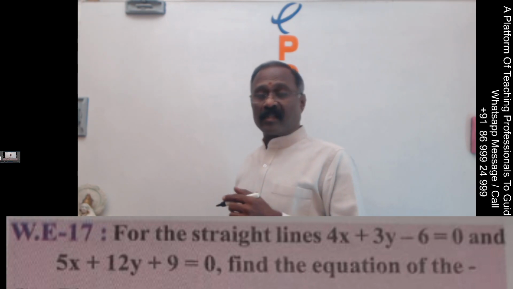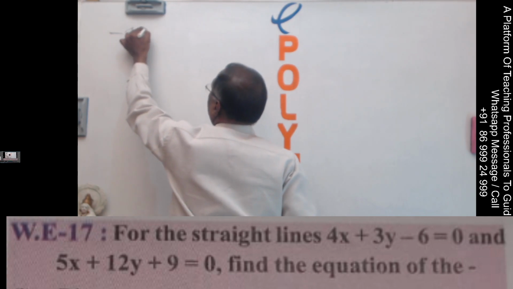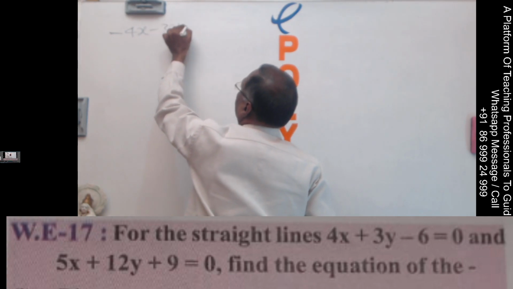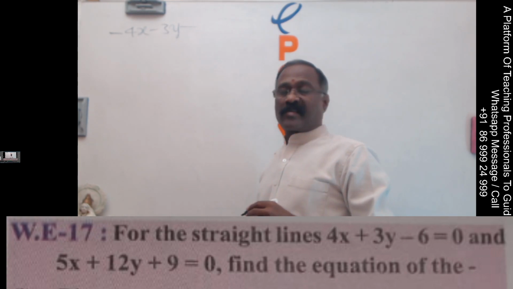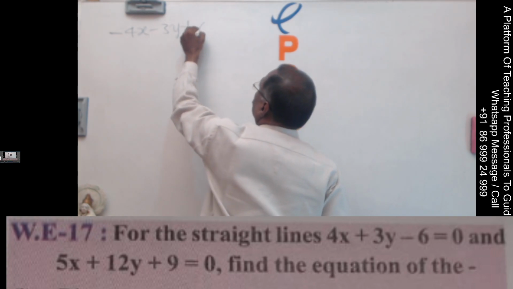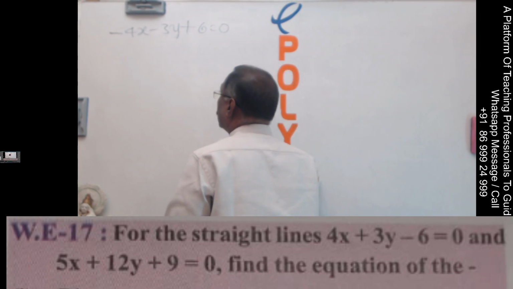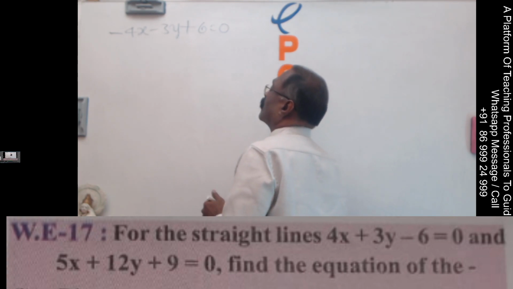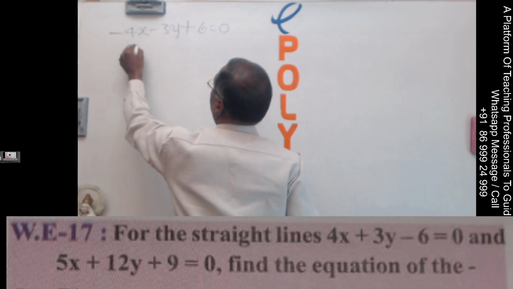Multiply throughout with minus, then that will be minus 4x minus 3y plus 6 equal to 0. And the second one, 5x plus 12y plus 9 equal to 0.